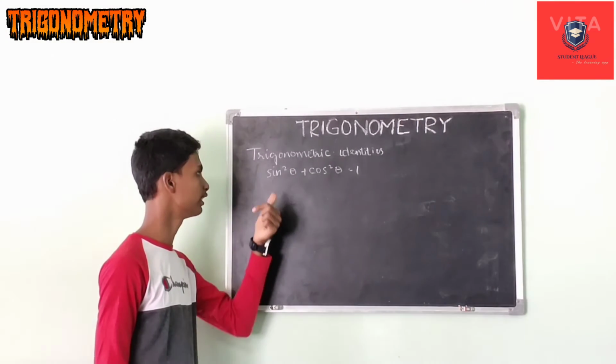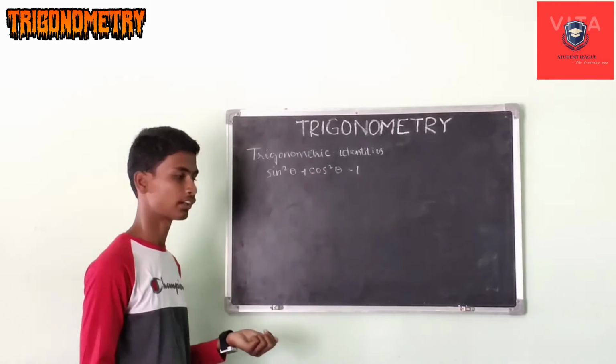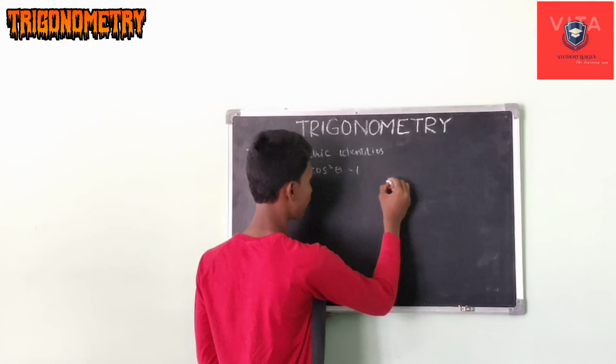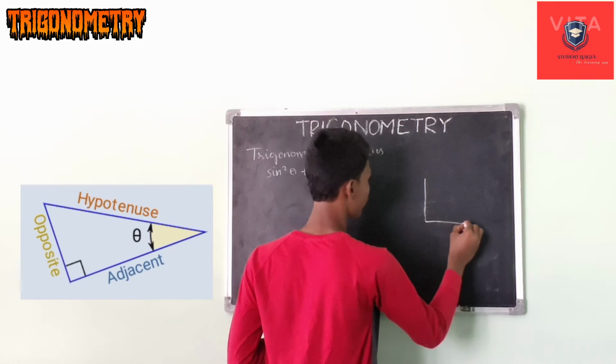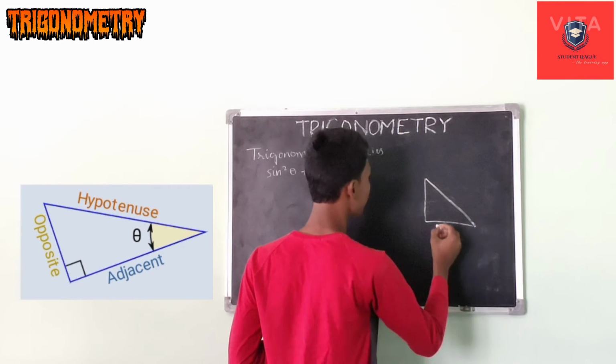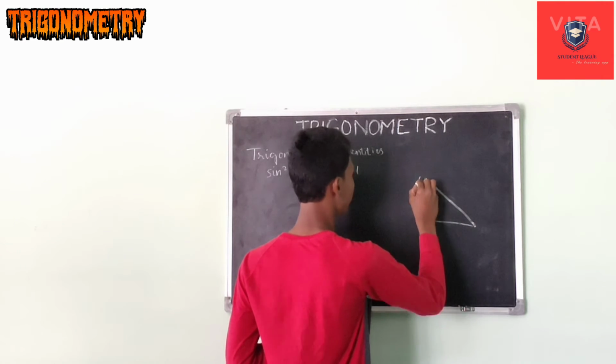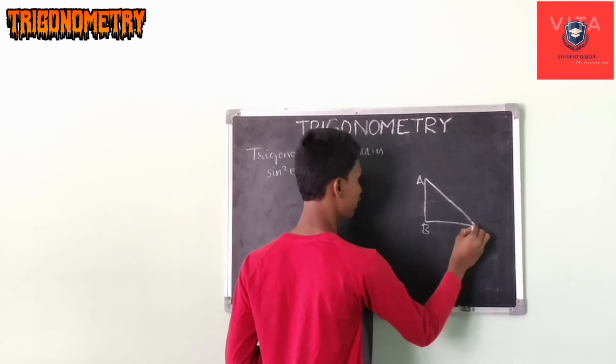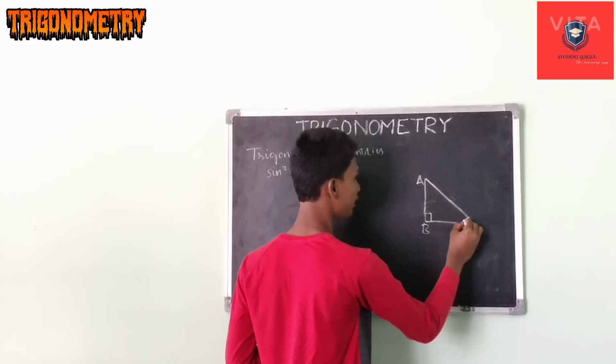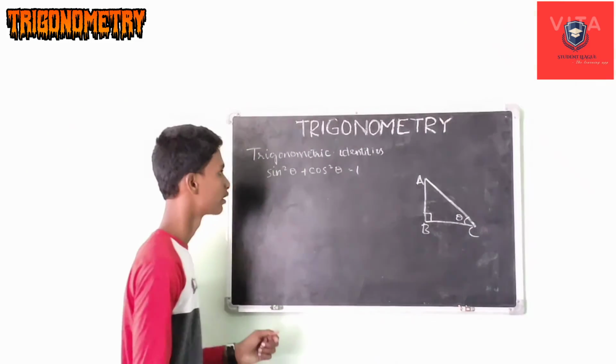We are proving this first. Now consider a right angle triangle ABC, where angle B is equal to 90 degrees and angle C is equal to theta.